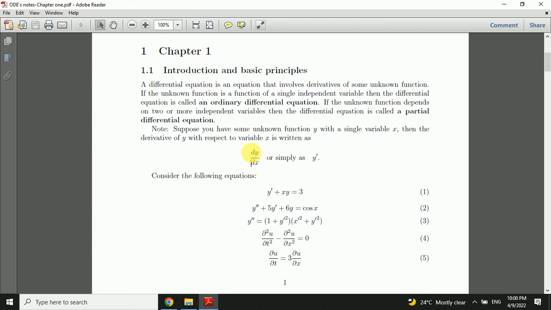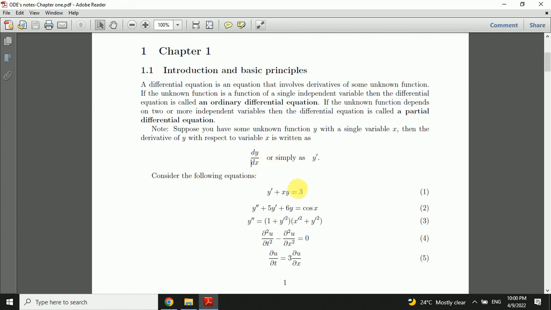Just seeing this dy/dx tells you that you have only one variable, x, so this would form an ordinary differential equation. And for dy/dx, if you don't want to disturb yourself writing the whole of this, you can just write it as y prime. So y prime or dy/dx is the same thing. It means you're differentiating an unknown function y with respect to x.